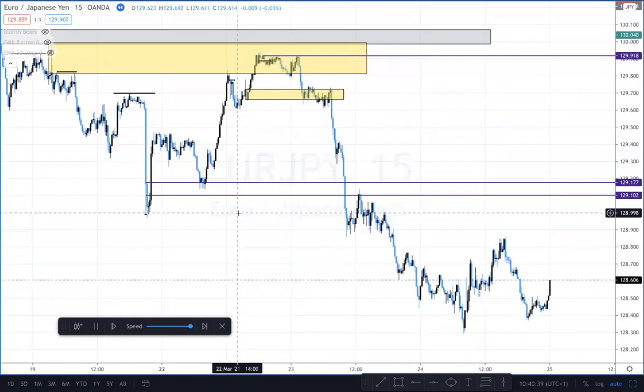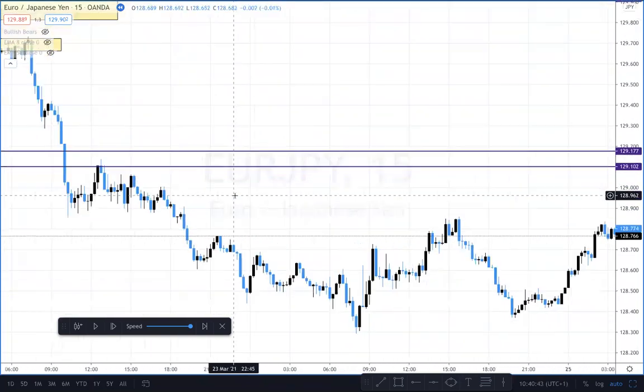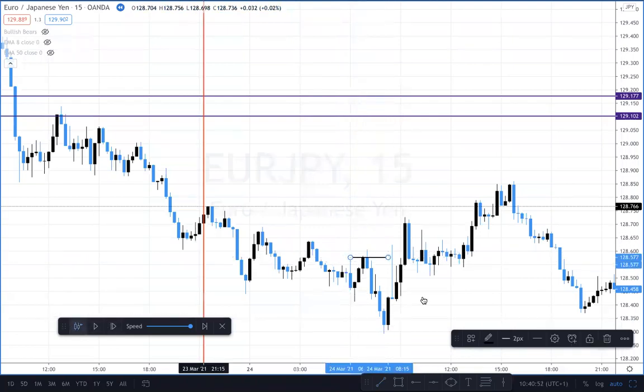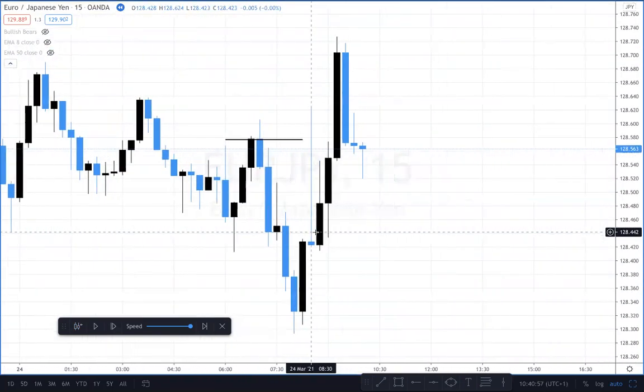It don't matter. We all don't know which direction price is going to go. Let me pause it right there again. Once again, price is about to reverse. Why? Break of market structure here. Break of market structure there.